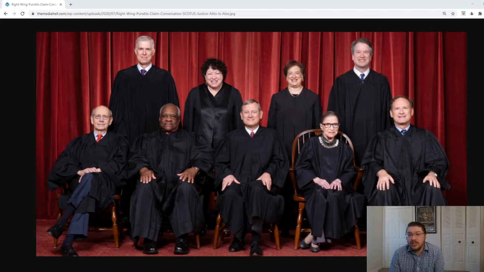Or, at least make the attempt to. Occasionally a justice will miss a session, or a few justices will miss a session, simply because they're sick or family emergencies. So sometimes you won't have a full 9 justices, at least in the modern era. In previous eras, sometimes you had 7 justices, sometimes you had 5, sometimes you had 8, stuff like that.